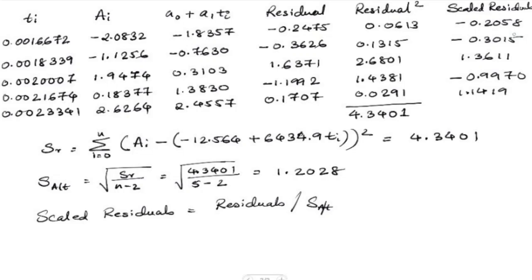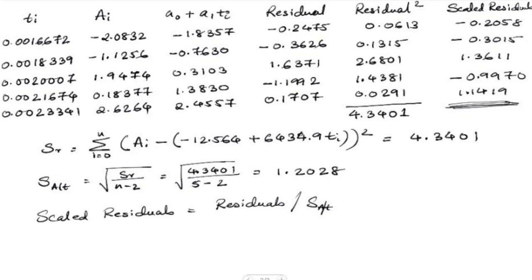This is more than minus 2, and here we have the next number, which is still more than minus 2, and here we have 1.36, which is less than 2, and here we have minus 0.9, more than minus 2, and here we have 1.14, which is less than 2. So all these numbers in the scaled residuals are between plus minus 2, right?